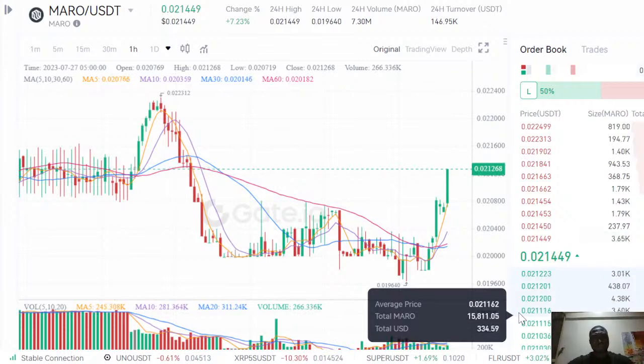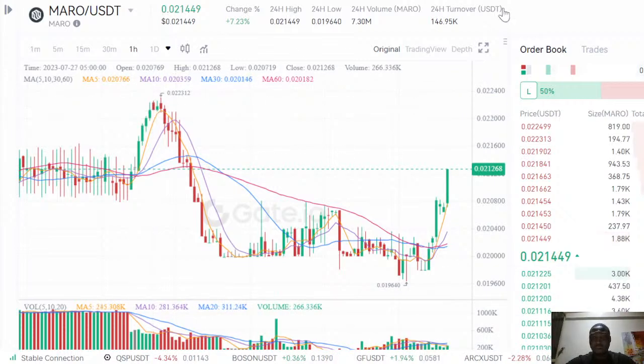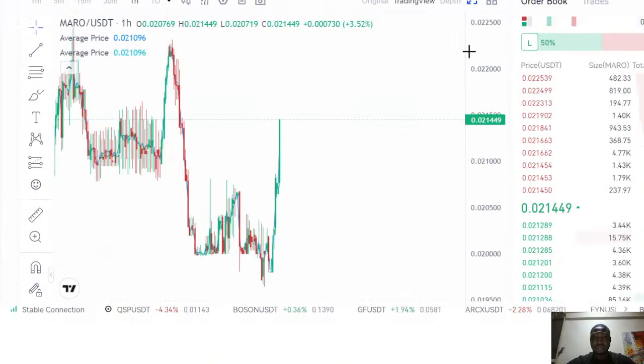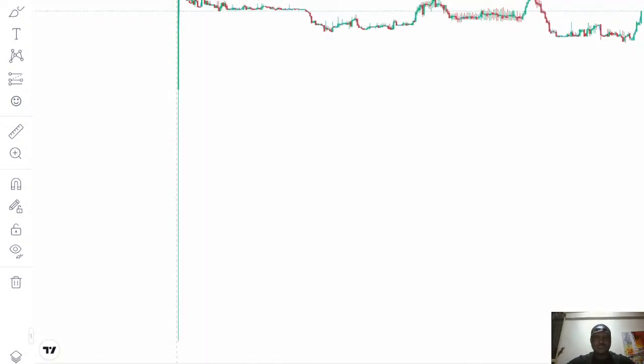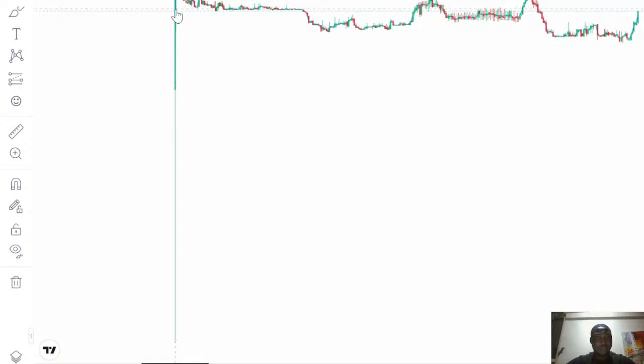So now, when talking about this period, you can see where it's currently ranging right now. Let me put in the TradingView aspect. Now you can see where it's currently ranging. This is in the 1 hour time frame. This was around the day before yesterday, and then it got this push in the market, and it has been ranging.